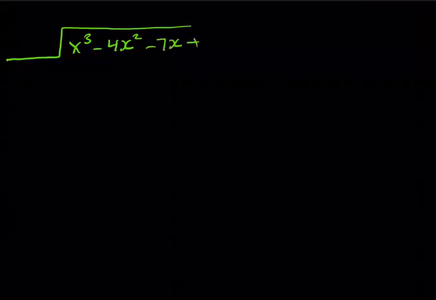So I have the division for this as x cubed minus 4x squared minus 7x plus 10 divided by x plus 2, right? So maybe in this question, they don't give it to you as a long division.